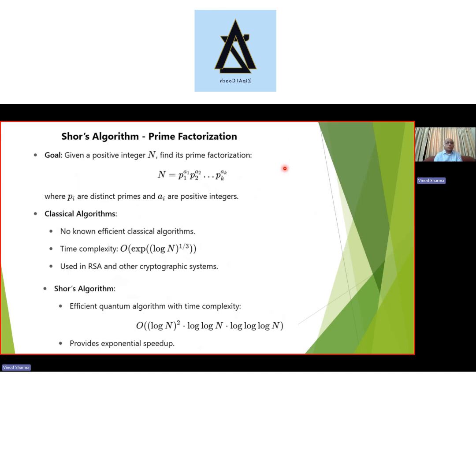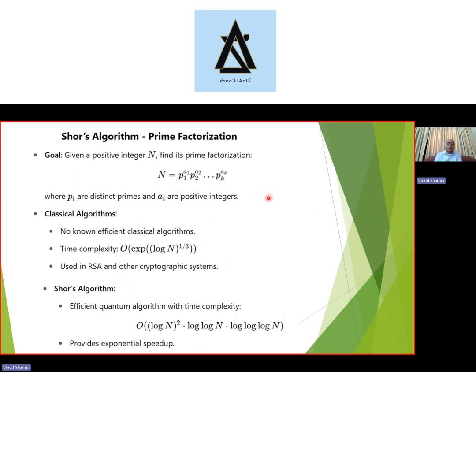Given any positive number, if you want to find its prime factorization, any number can be represented as prime factors, p1 raised to power a1, p2 raised to power a2, up to pk raised to power ak, where the p_i are distinct primes and the a_i are positive integers.